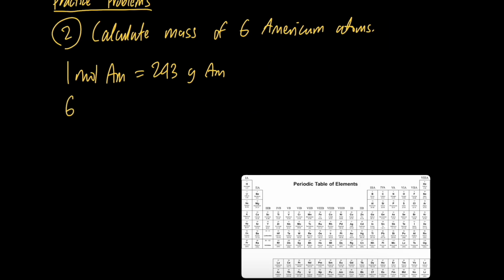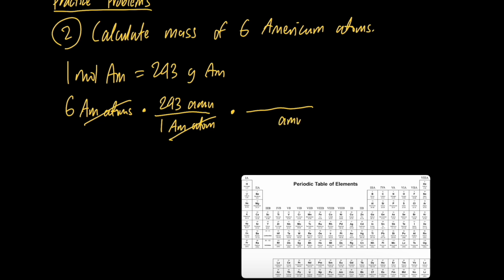So if we have 6 americium atoms, then we have a total of 6 times 243 AMU for those 6 total atoms, since there's 243 AMU per americium atom. So now we have our units in AMU, and so all we need to do is now use Avogadro's number. So you put AMU on bottom and grams on top.